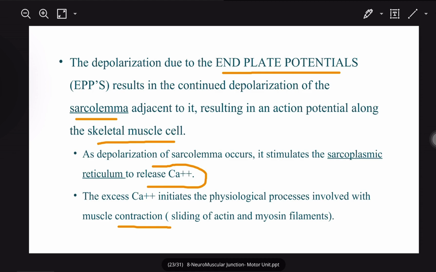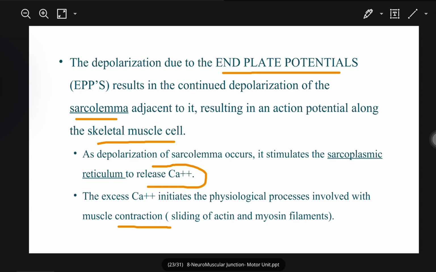So that's what contracts the muscle. The actin and myosin filaments in the muscle join. We have actin and myosin filaments, and they actually cause the contraction of the muscle. So how did that happen? Because of the excessive release of the calcium.